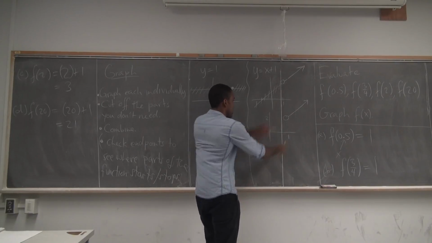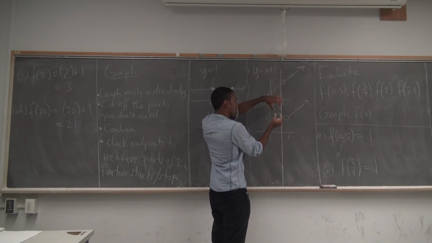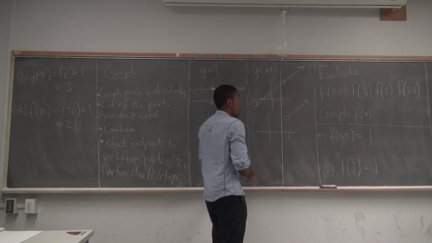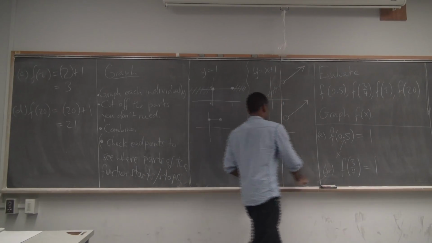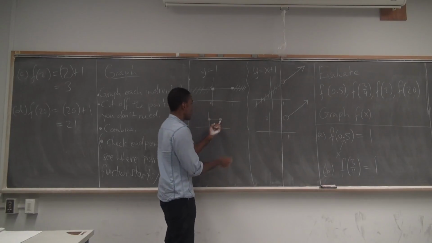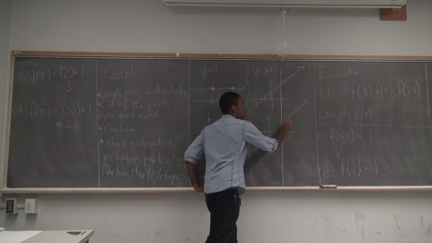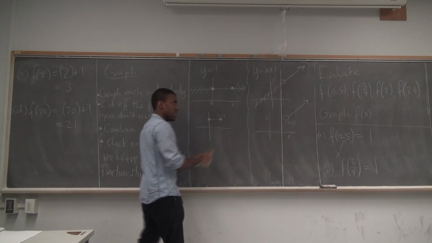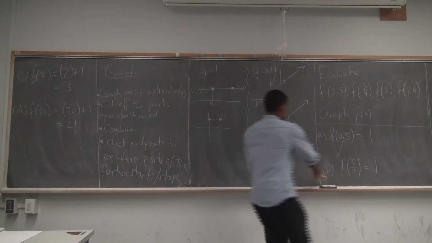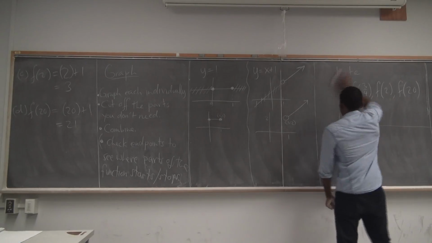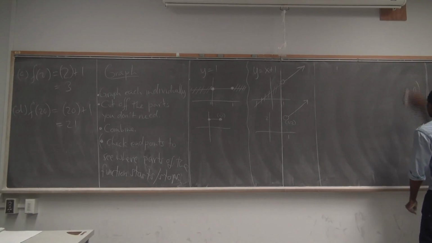Right? So I know that this circle should be at 1 comma 2. And this endpoint would be at 1 comma 1. That's just relatively where the position should be. So then I can graph the total graph afterwards.